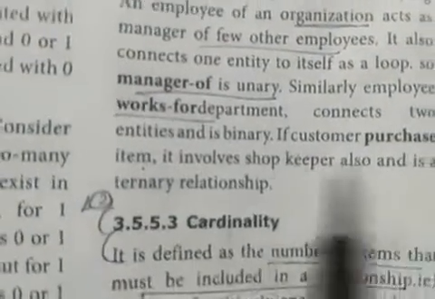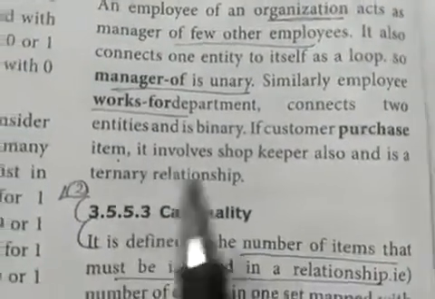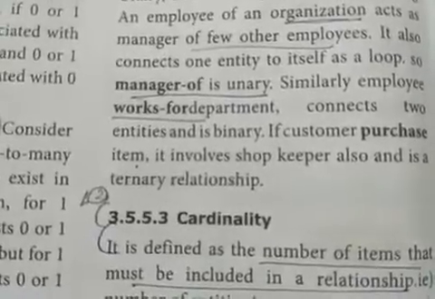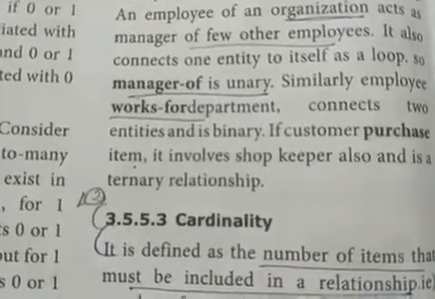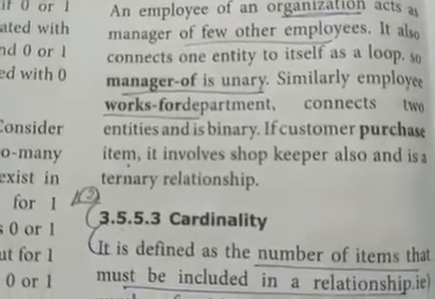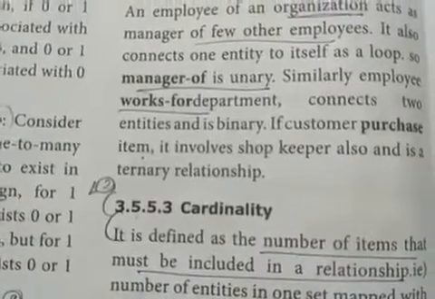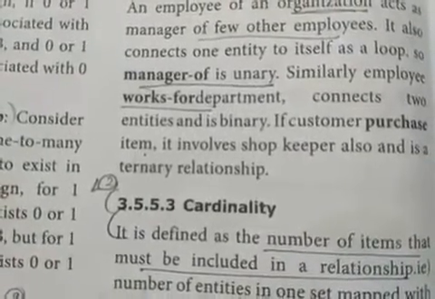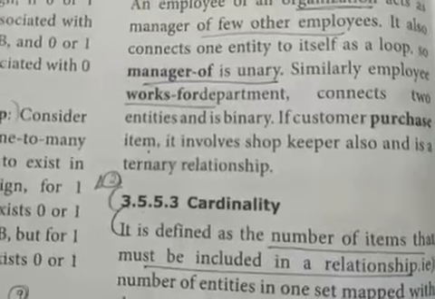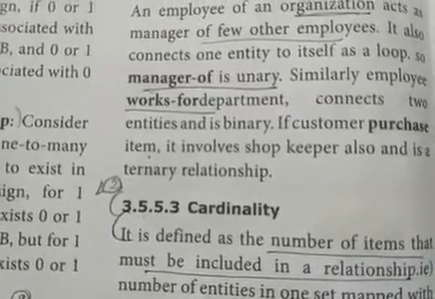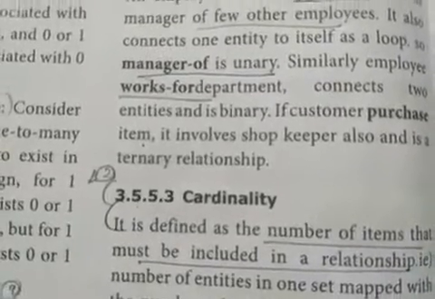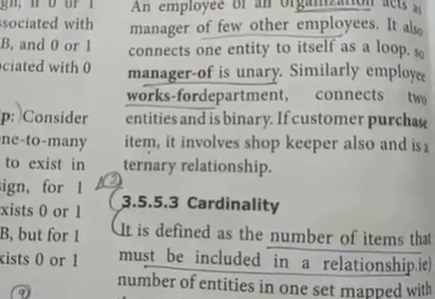And if a customer purchases an item, a customer can purchase a number of items. Here the customer is not purchasing directly from the production place, the customer is purchasing from the shopkeeper. Here it involves three entities. Who are they? The customer, the shopkeeper, and the production industry or whatever else.